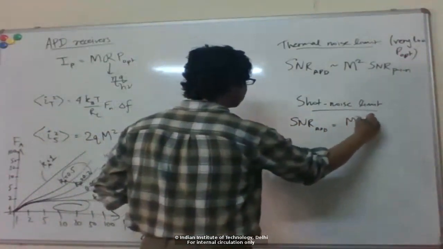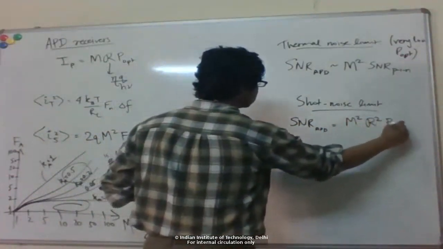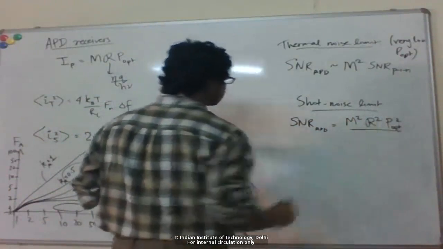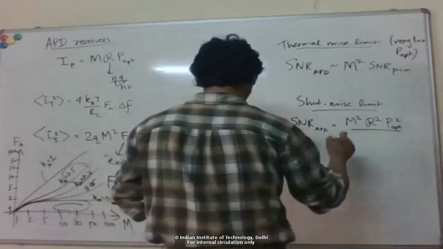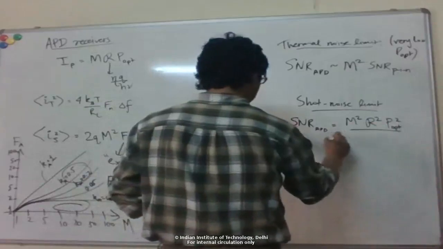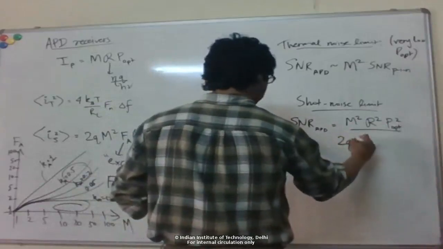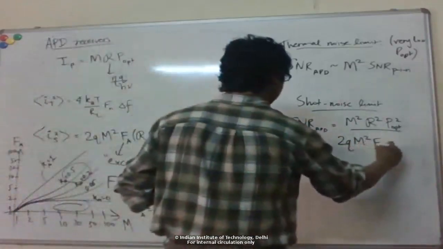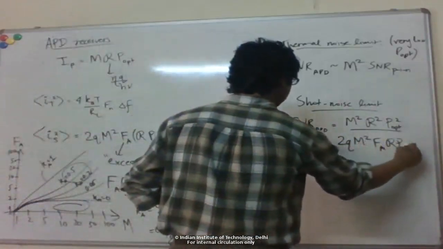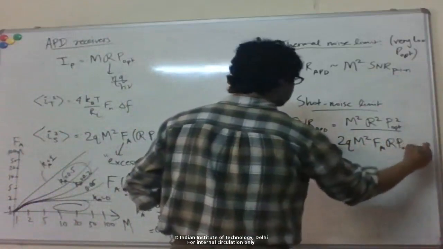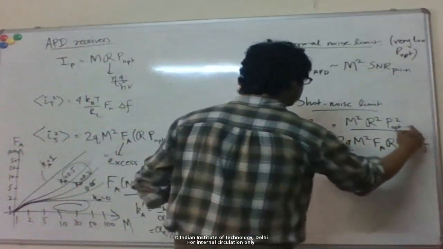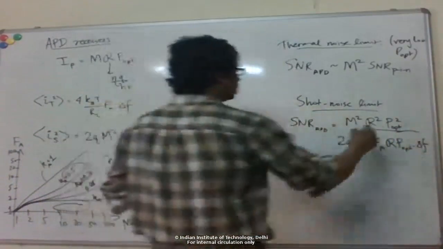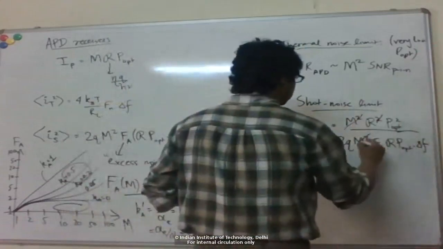So here we get M squared times responsivity times optical power squared, and in the denominator we'll have 2q M squared Fa times responsivity times optical power times the bandwidth. Okay, so M squared gets cancelled out.